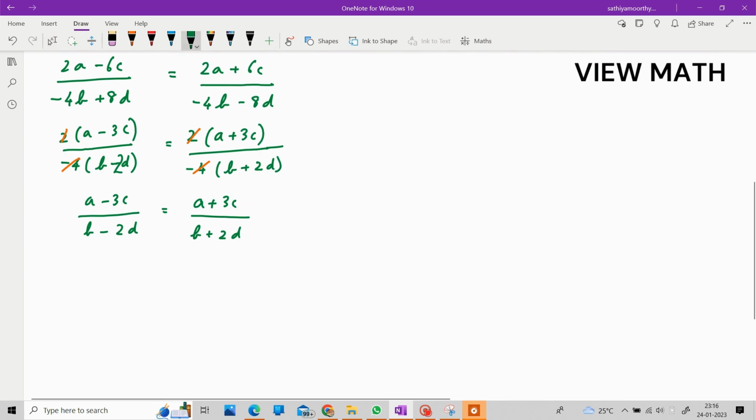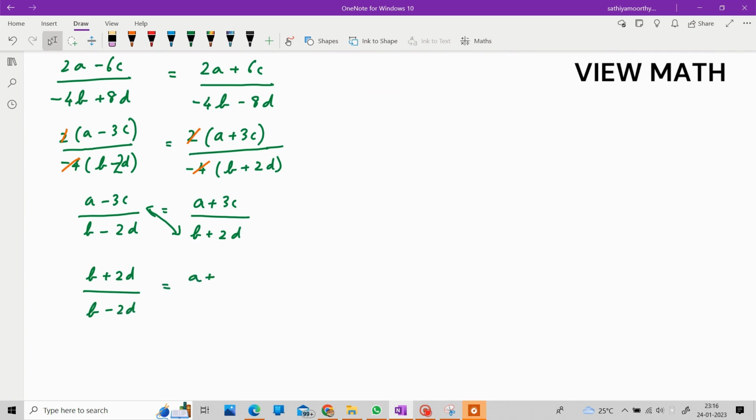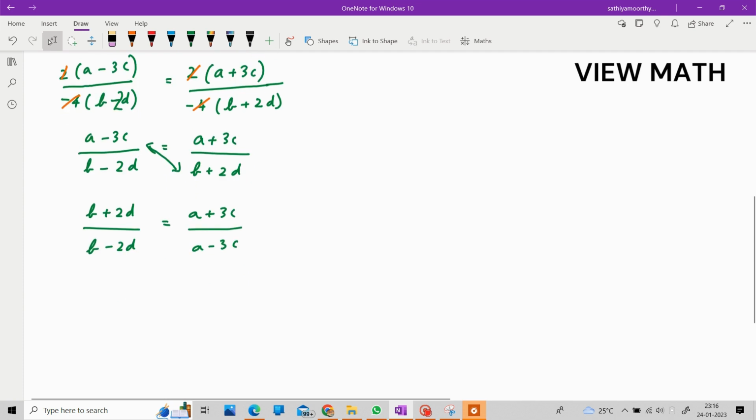Now I am going to apply the alternative property. So I am going to change these two terms. Applying the alternative property, I get b plus 2d by b minus 2d is equal to a plus 3c by a minus 3c. Now I am going to apply componendo and dividendo property to simplify further.